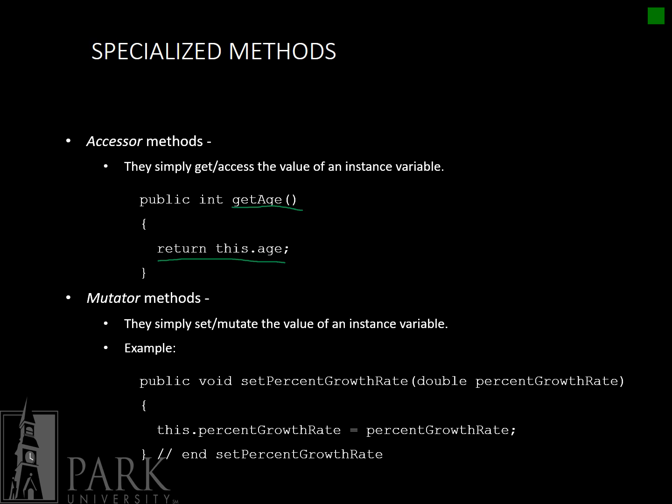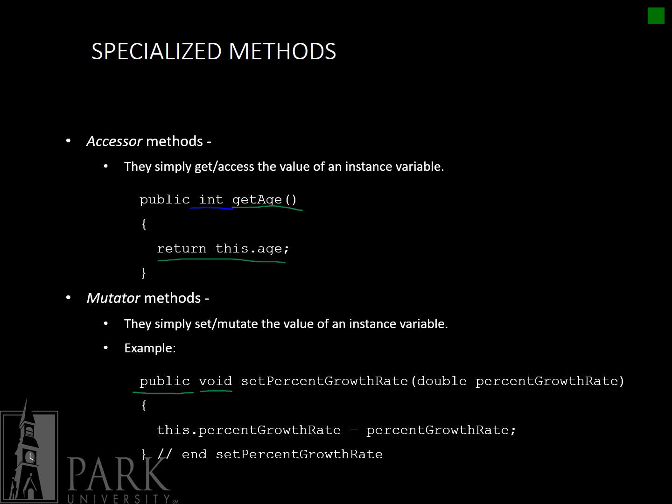We're going to use it to modify the value. Again, we have a public method, and notice that its return type is void. We're not expecting anything back because we're doing something to the object. We're not getting anything from the object. Whereas here, we're expecting an integer because we know that the age variable is an integer. So, we want to return that it's an integer, otherwise it won't compile.